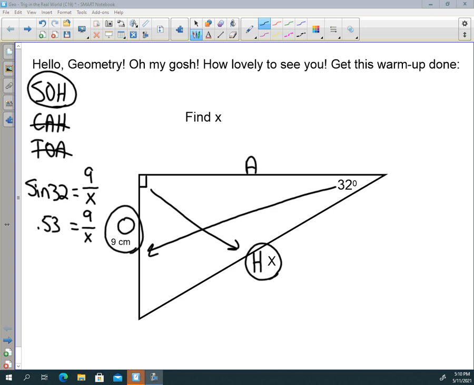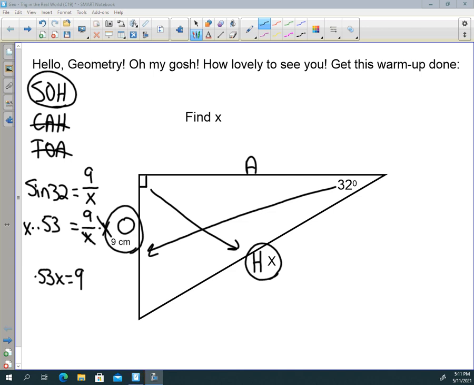Now, the issue is that we have an x in the denominator of a fraction, but don't freak out. Anytime you want to clear a fraction, you just multiply on both sides by the denominator. So I'm going to multiply by x on this side and by x on that side. And I have 0.53x equals 9, because these guys cancel. That's exactly why we multiplied on both sides with x.